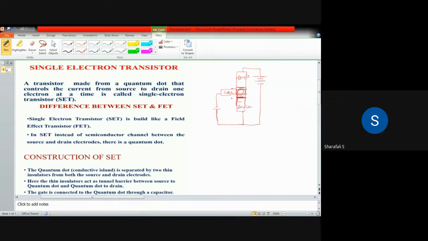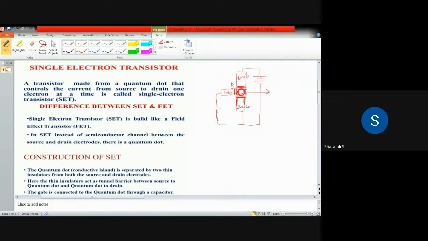That is the basic difference from the FET that we have in the case of the single electron transistor. This gate will be connected to this quantum dot through a capacitor. So we'll have a capacitor here, and the drain and the source are separated from this quantum dot, which is at the center.